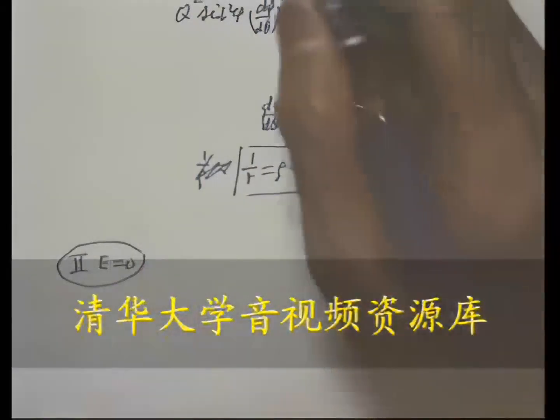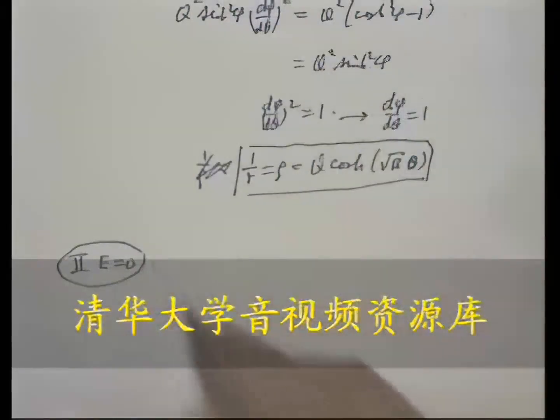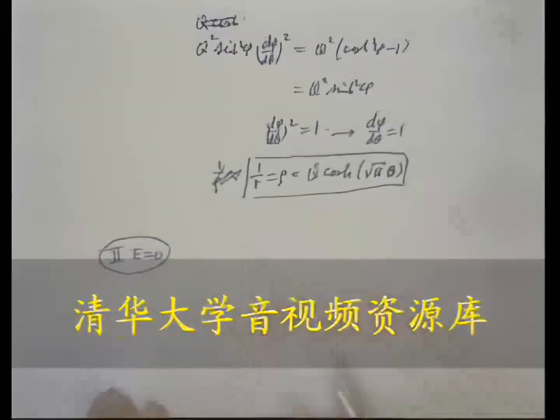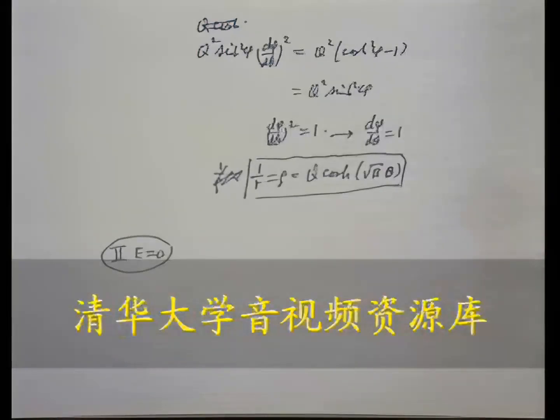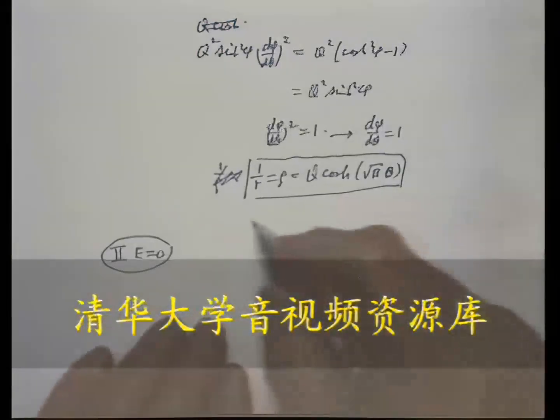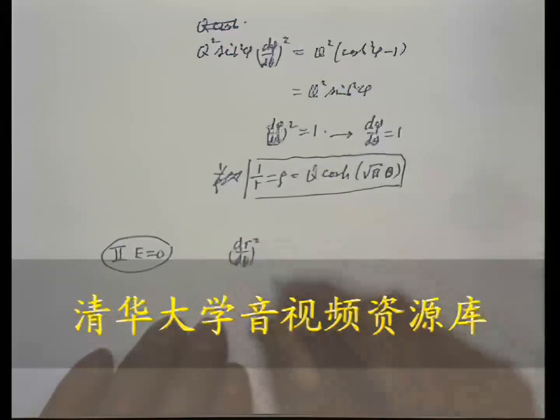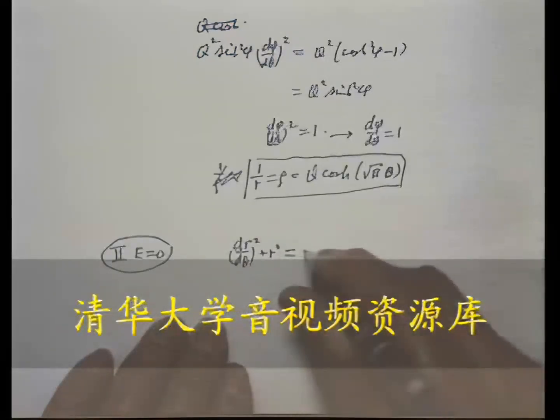So therefore, you get (dr/dθ) squared plus r squared is equal to b r squared.